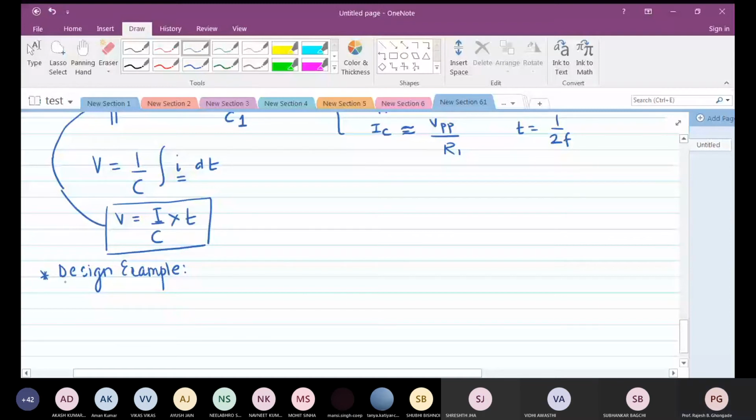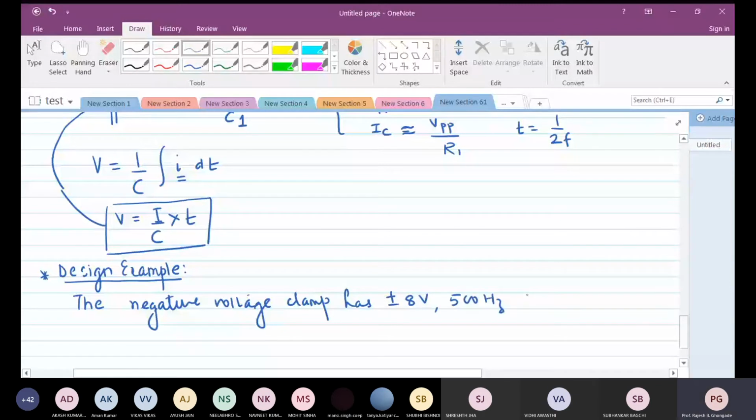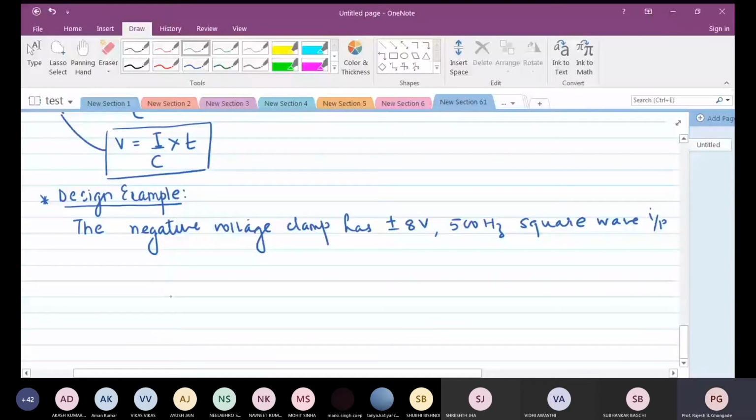The problem statement goes: the negative voltage clamp has plus minus 8 volts at the input, a 500 hertz square wave input, with 600 ohms as signal source resistance.